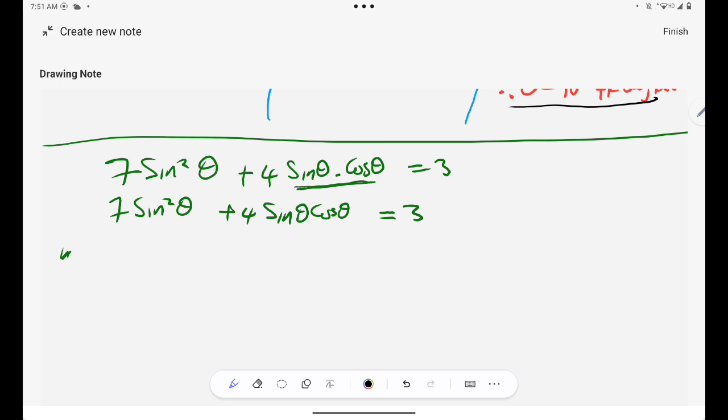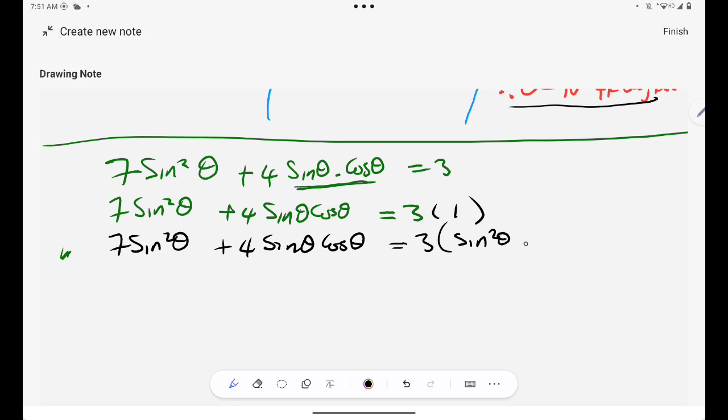I'm expecting you to say no. If you multiply a number by 1, there's nothing you're changing, right? How do you express 1 in trigonometry? We express it as sine squared theta plus cos squared theta.